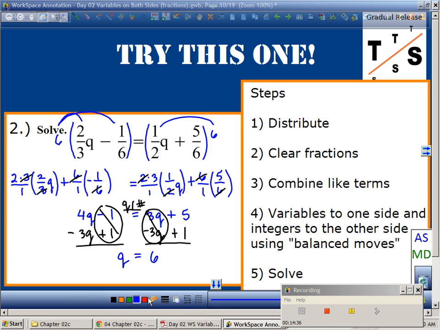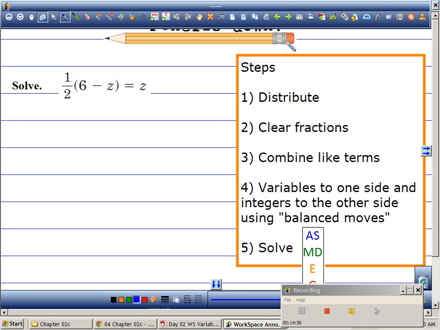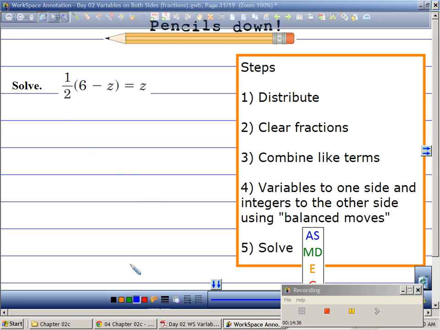Questions on this one, guys? Yes. All right, pencils down again. So this time I'm going to have to distribute first. So I'm going to go ahead and distribute 1/2 to everybody inside of it. 1/2 times 6 is 1/2.